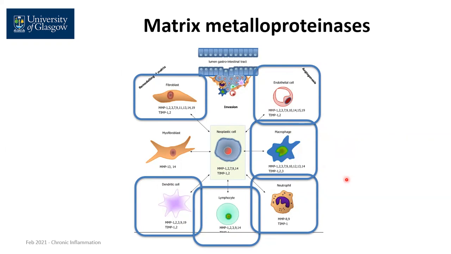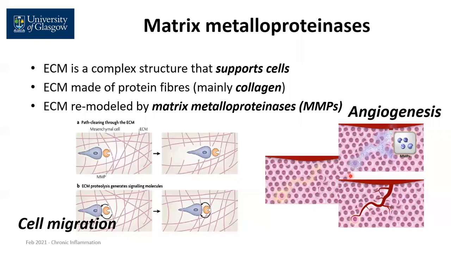You don't need to learn the function of all of them, but their overarching function is described in this next slide. Their main function is to remodel the extracellular matrix, the extracellular matrix that is found within the connective tissue that underlies the epithelial surface. The extracellular matrix is predominantly made of protein fibers, mainly collagen.